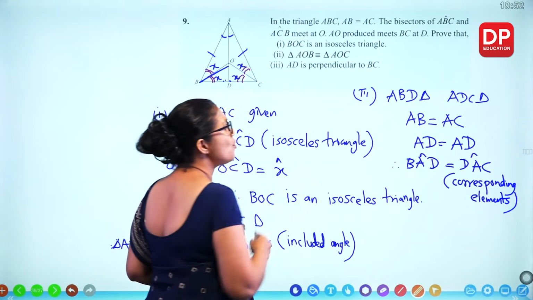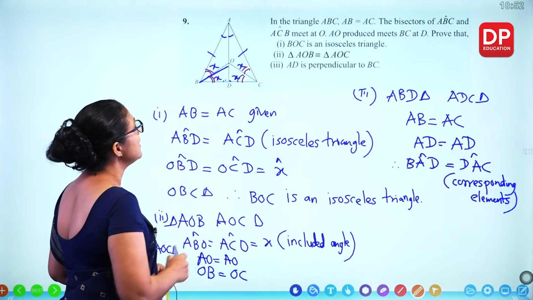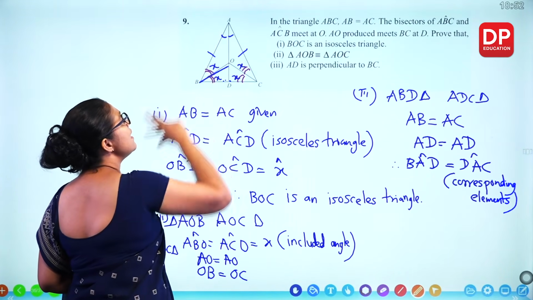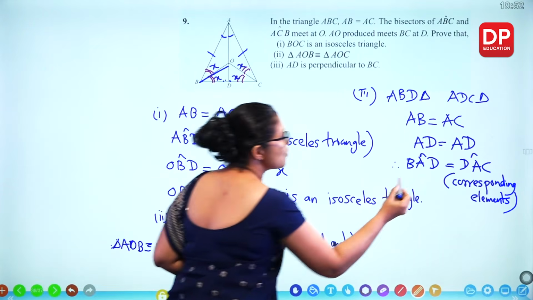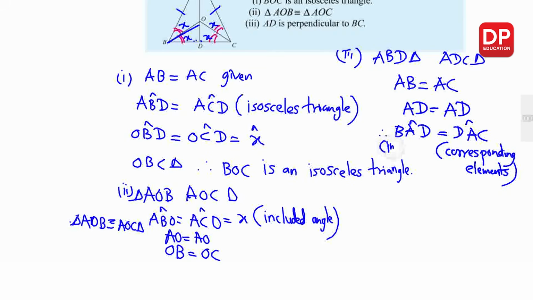Now we have two sides and one angle, and this angle is the included angle to these two lengths. So we can straight away write down ABD triangle is congruent to ADC triangle.